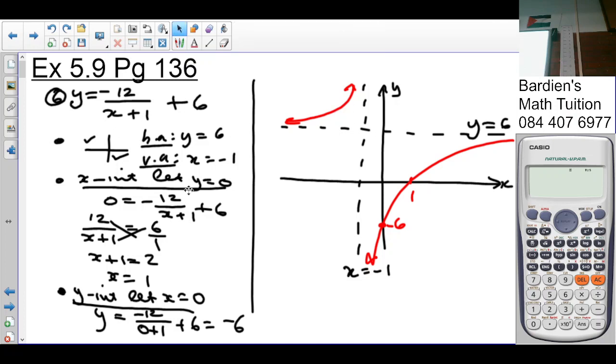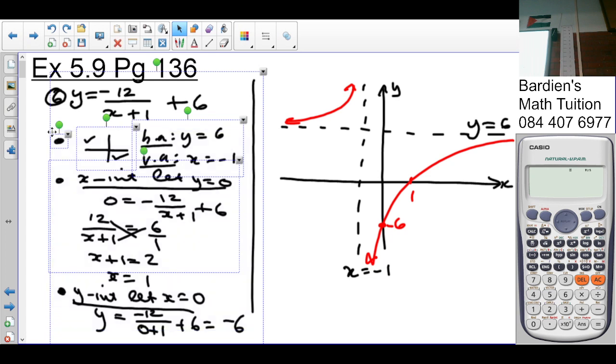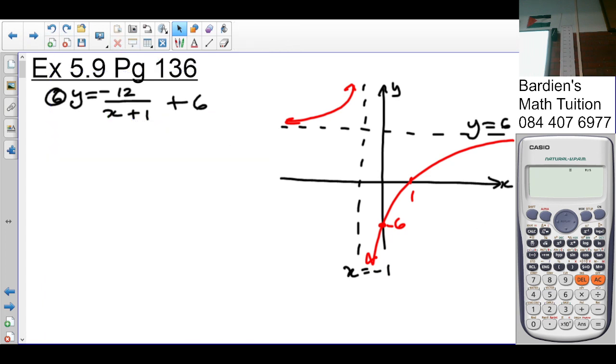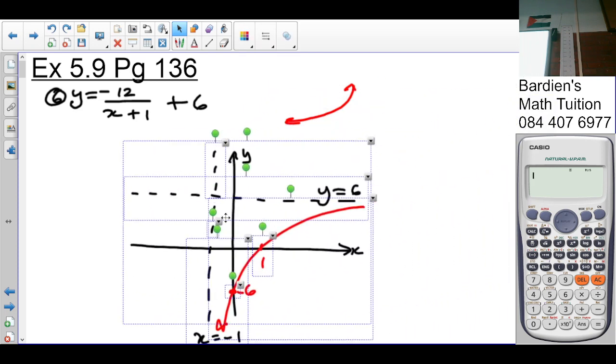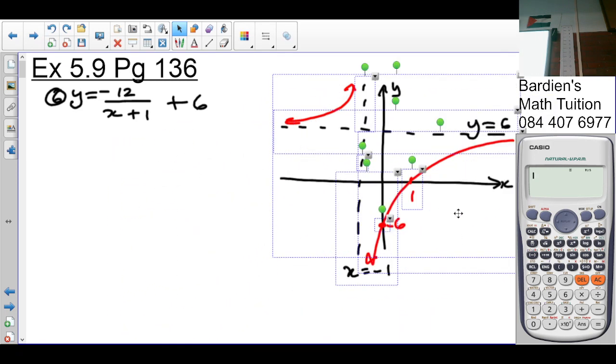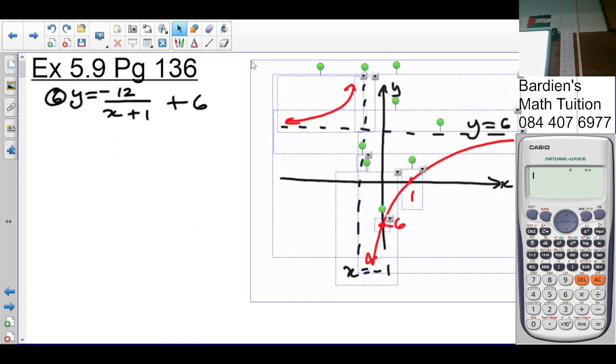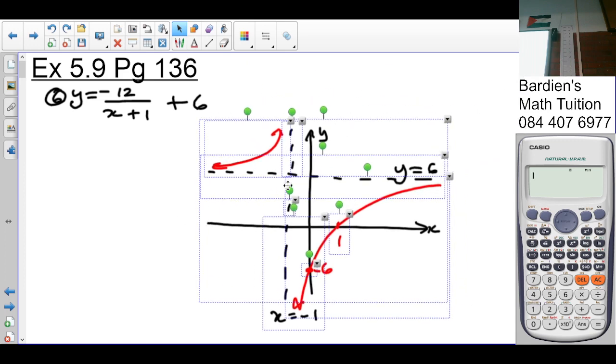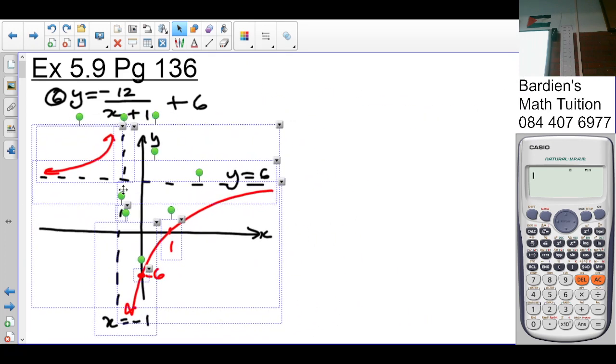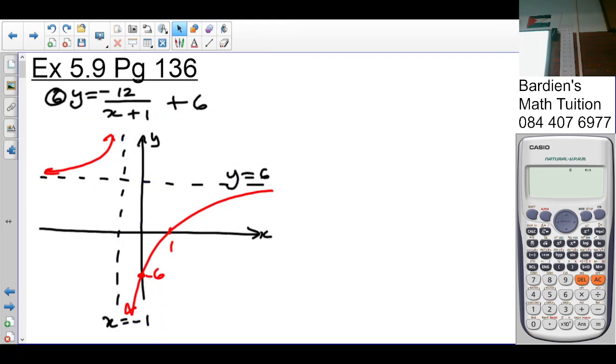So let's look at the interpretation questions with regards to this graph. First things first, they ask you to work out your axis of symmetry.